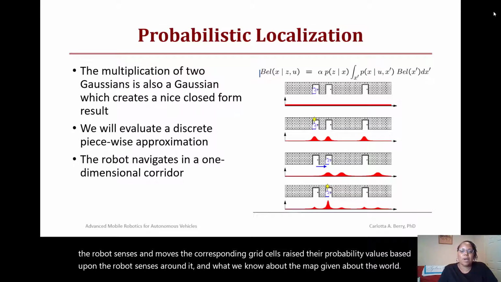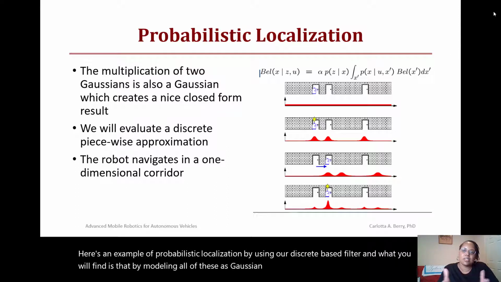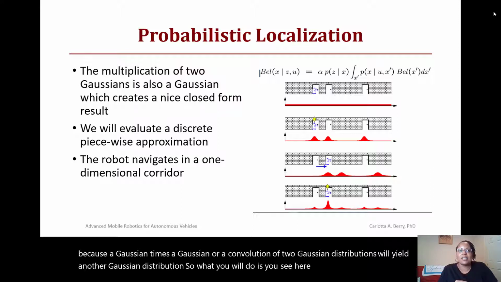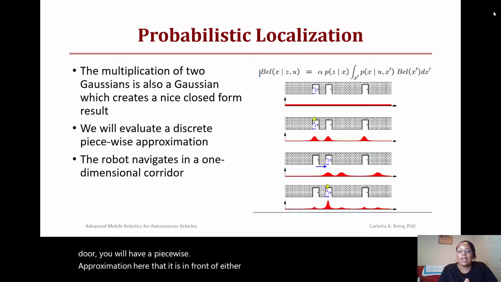So here's an example of probabilistic localization using our discrete Bayes filter. By modeling all of these as Gaussian distributions, it's actually easier to solve, because a Gaussian times a Gaussian, or a convolution of two Gaussian distributions, will yield another Gaussian distribution. On the first step, you have a constant belief that you could be anywhere in the world. Once the robot senses a door, you have a piecewise approximation that it is in front of one of the three doors, which is why you have three spikes of this Gaussian distribution.